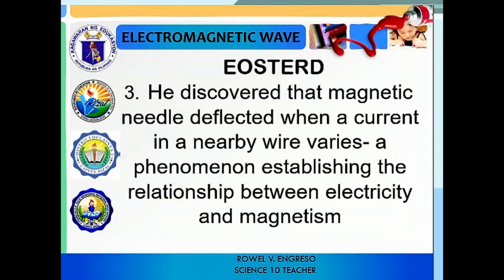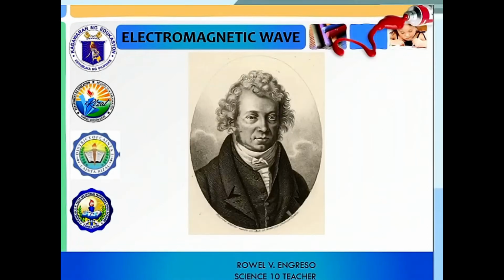Number 3. He discovered that a magnetic needle deflected when a current in a nearby wire varies, a phenomenon establishing the relationship between electricity and magnetism. The answer is Ørsted. And here is Hans Christian Ørsted.